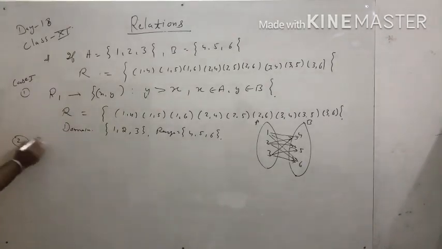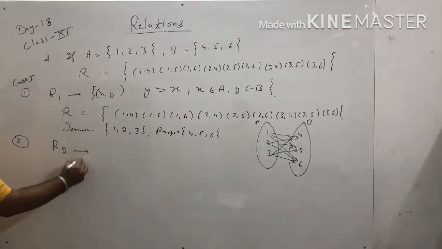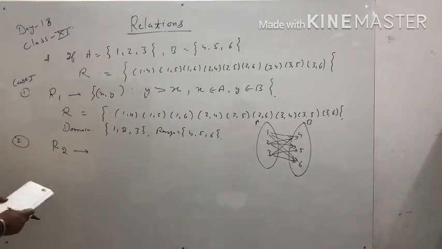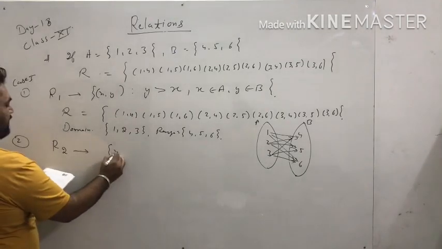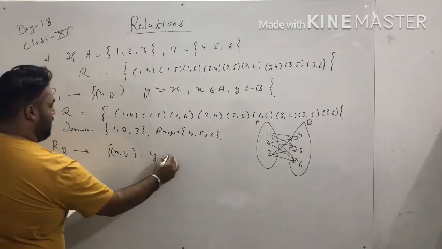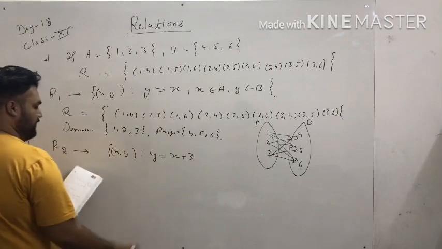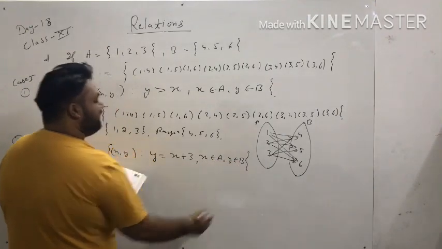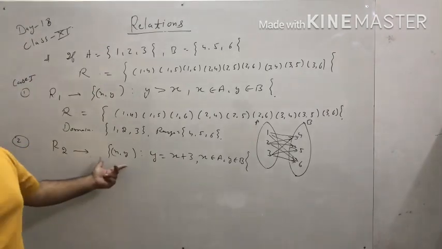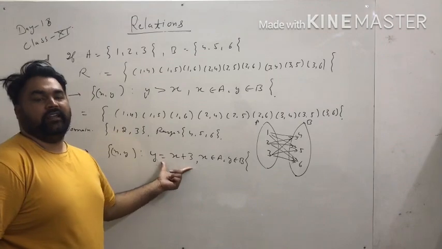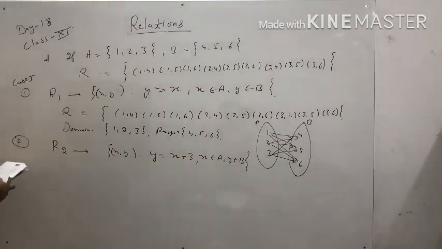Now relation R2. What is relation R2? The condition: x comma y such that y equals x plus 3, x belongs to A, y belongs to B. Again, the given question is in set builder form. This is the condition.